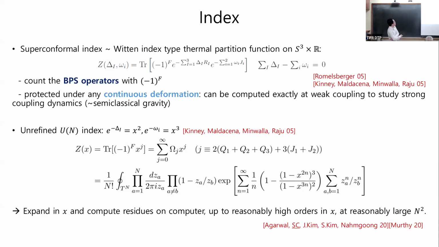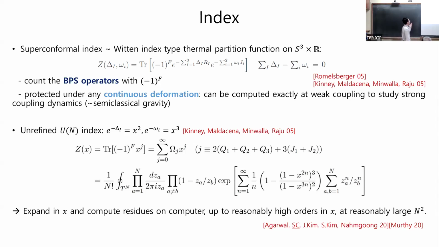You have (-1)^F here and introduce various chemical potentials conjugate to charges and angular momenta to ensure that this exponent commutes with our chosen supercharge. This index counts the BPS operators annihilated by our chosen supercharge with (-1)^F. By definition, it is protected under any continuous deformation. So you can compute this quantity exactly at weak coupling to study strong coupling dynamics.